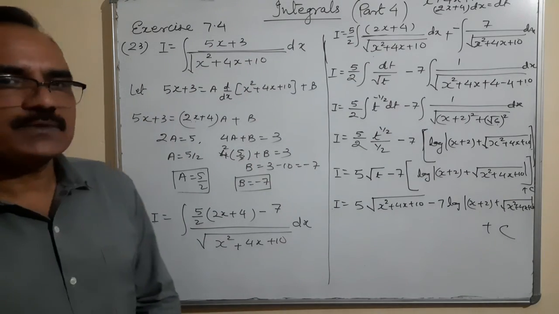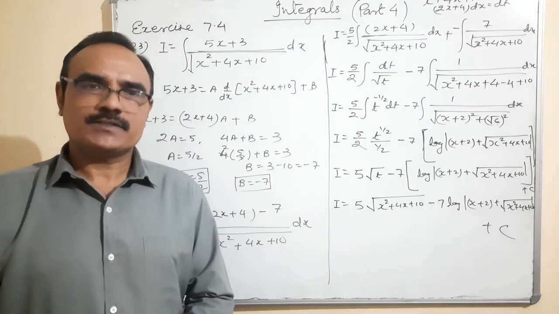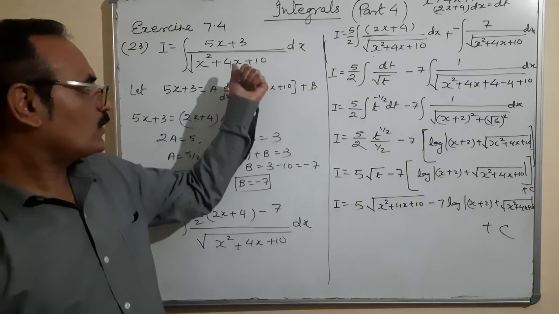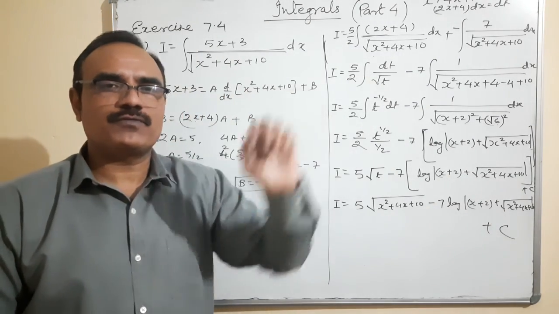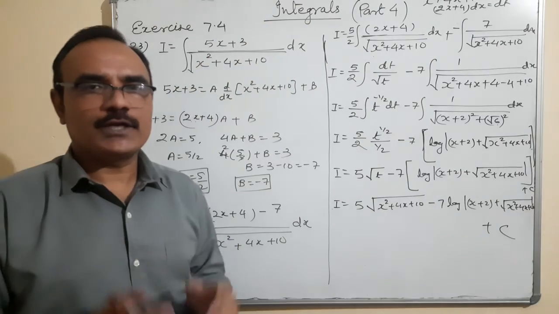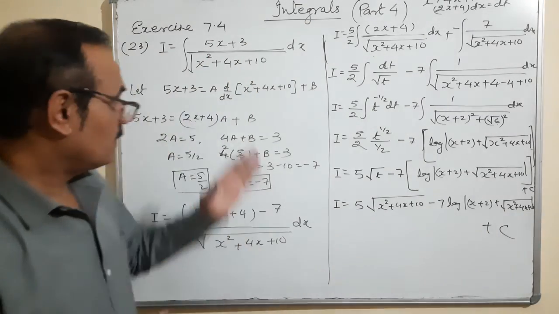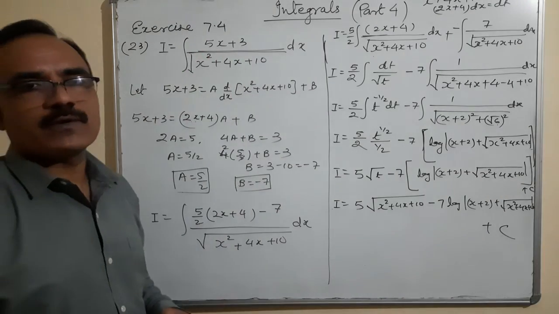So there are three types of questions. Number one, you can directly use the formula. In the second one, whatever you take as t, it can be cancelled directly and the denominator will be free from the variable. And the third one is when the numerator is not free from the variable.